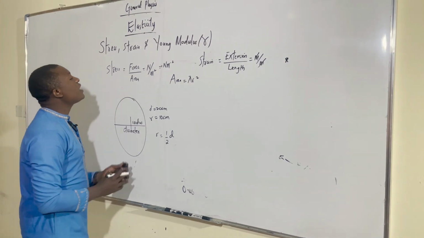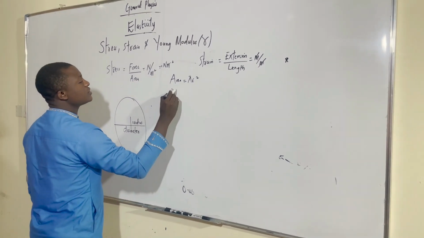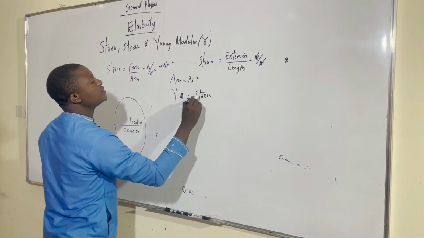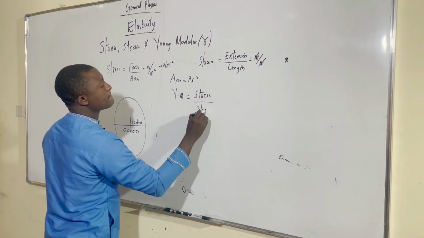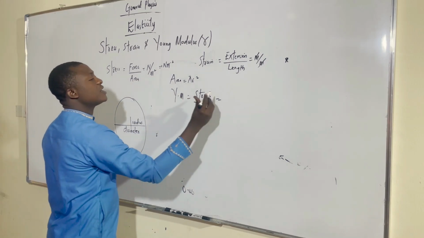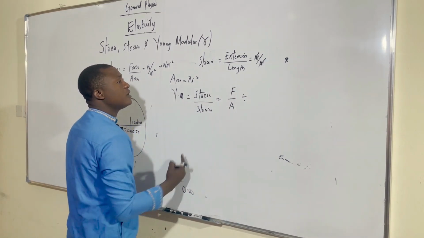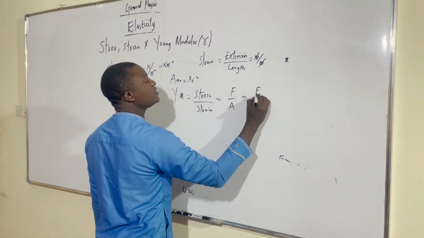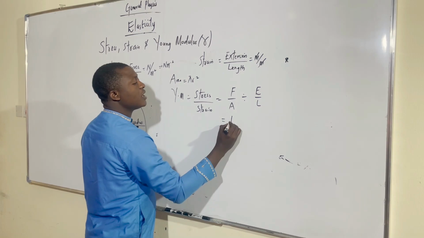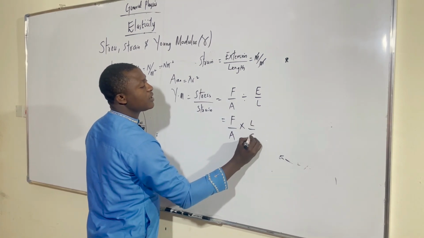Now Young modulus is the ratio of stress to strain. Stress is force divided by area, divided by strain, which is extension over length. From here I can apply the law of reciprocal. I can have force over area multiplied by length over extension.